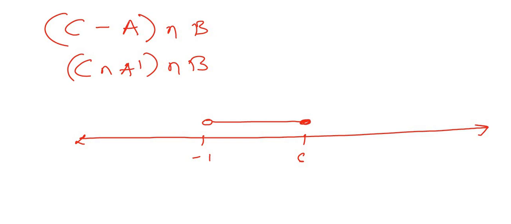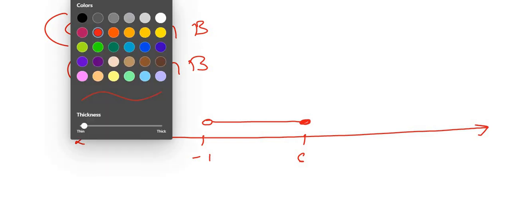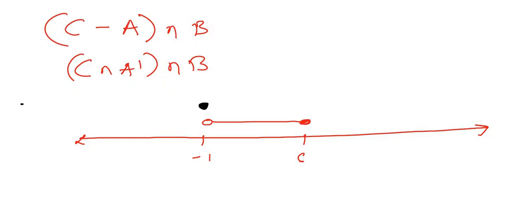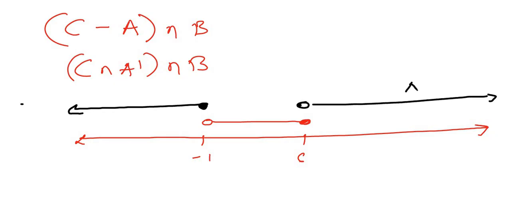That's our A, meaning the complement will be in opposite directions. We would have closed here and take it in this direction. That's the first piece of A complement. This one will be open, take it in the other direction. So the black one is A complement. Is A complement okay how I've sketched it, right?